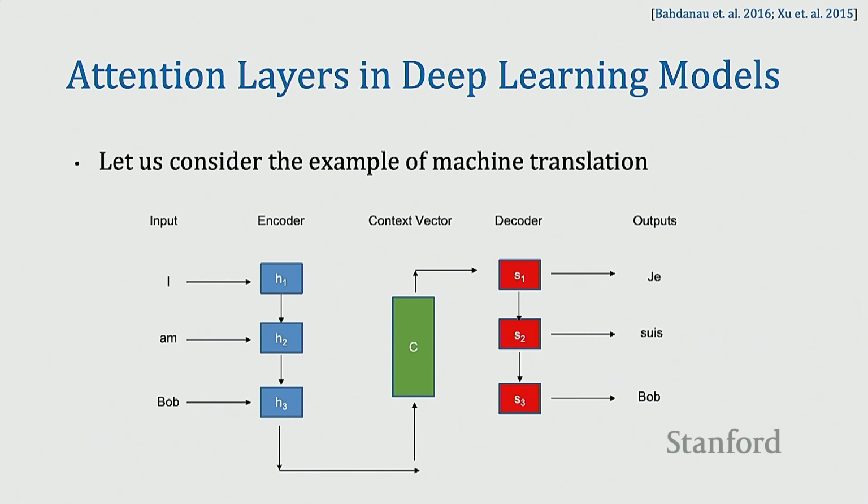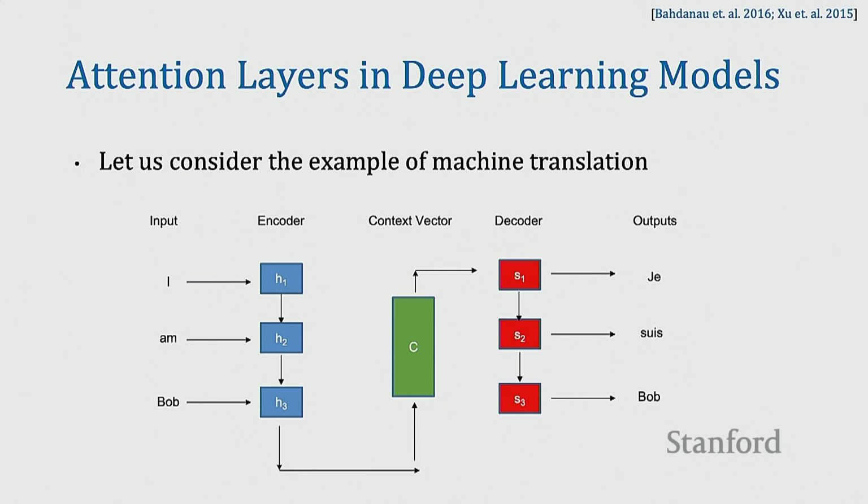So just to illustrate this, let me first show you this example of a machine translation task. There is nothing interpretable here. We have not yet introduced anything, but this is an example of an architecture of a model that people use to do machine translation.